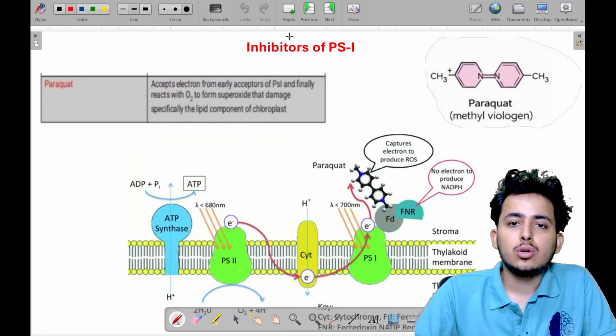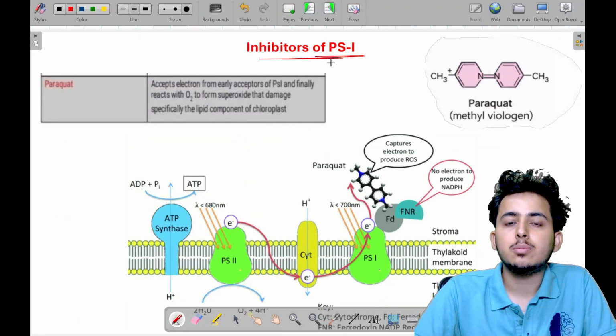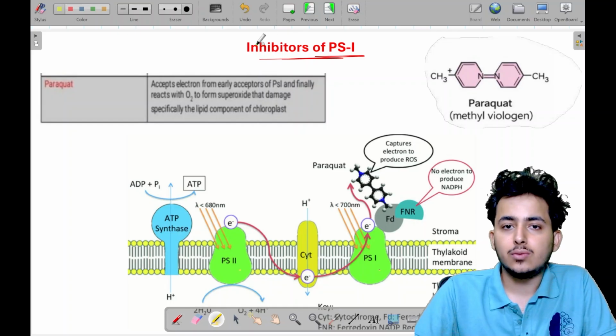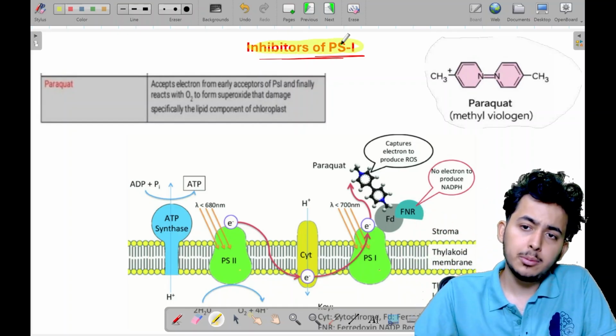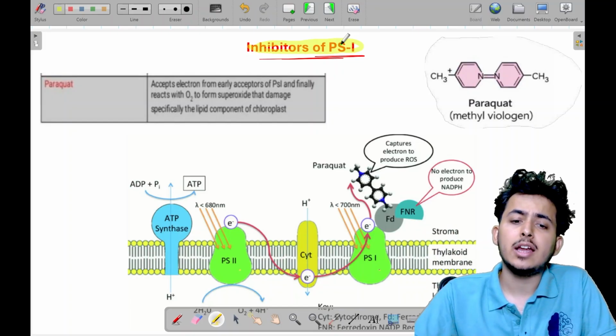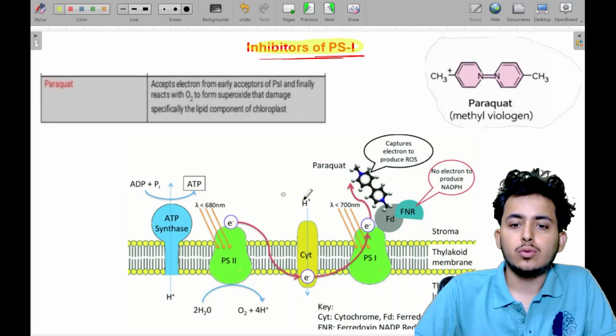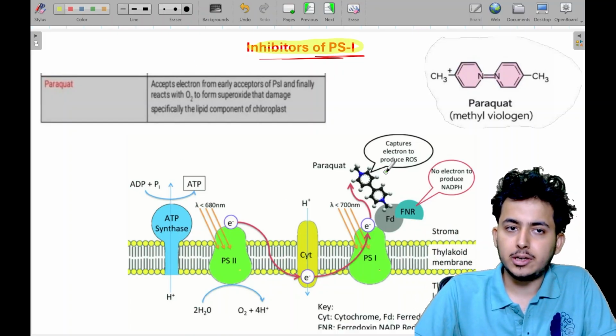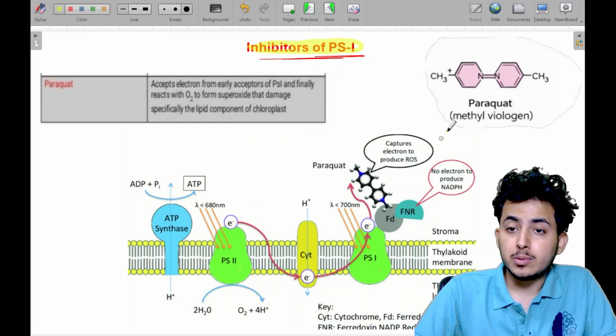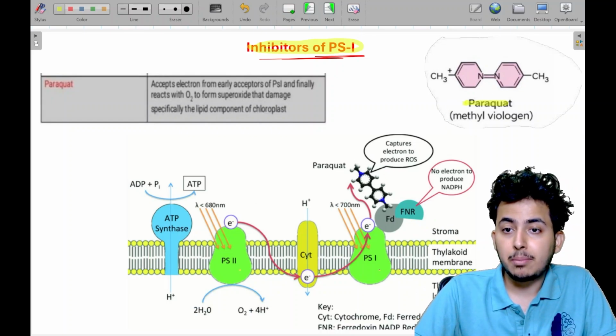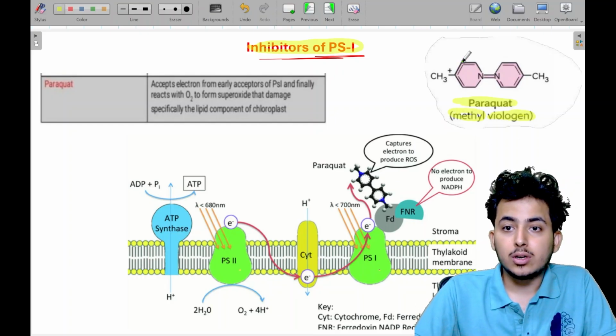Now we can look at some of the inhibitors of PS1. Some chemical species can inhibit PS1. So what are those chemical species and how do they do it? Basically you have something called paraquat. Paraquat is a methyl viologen, a compound you can see over here.